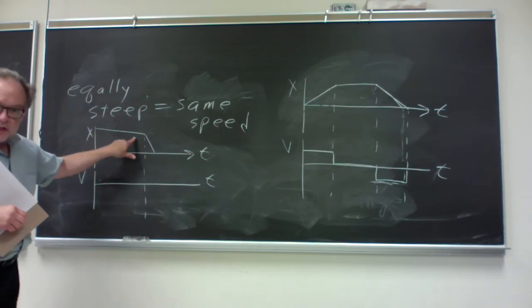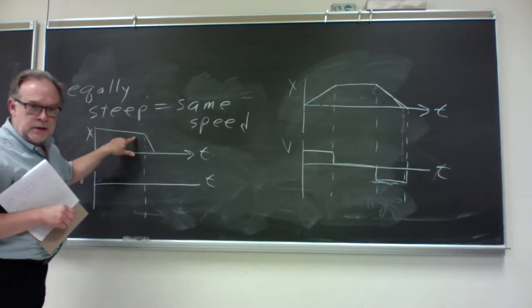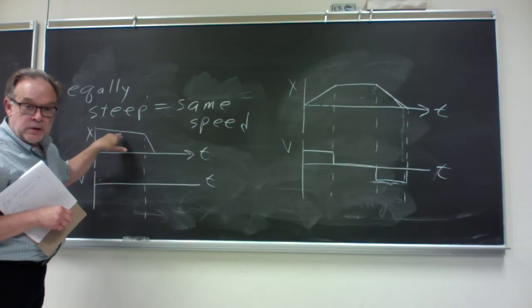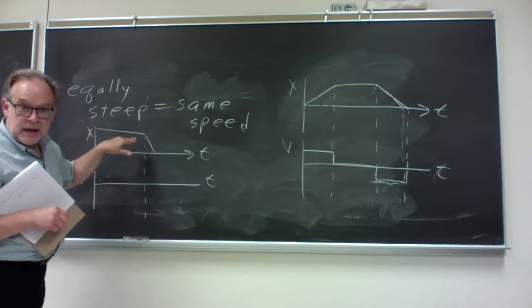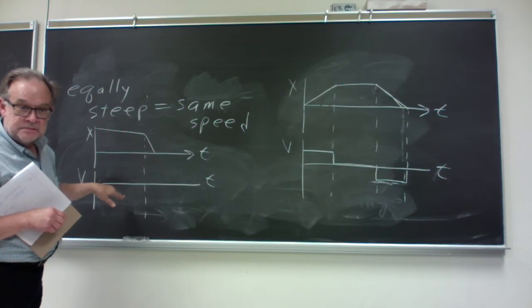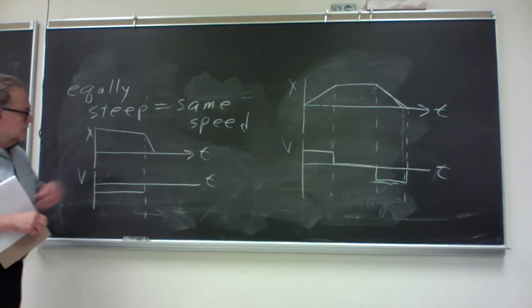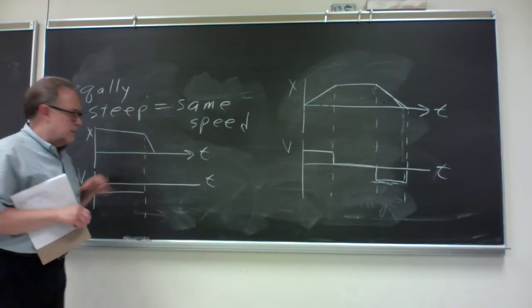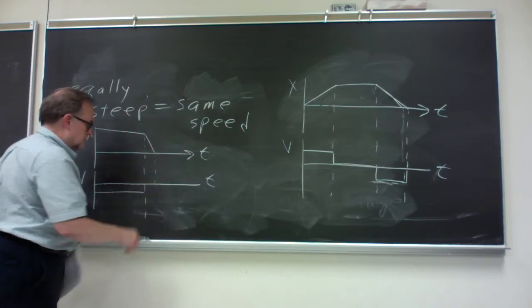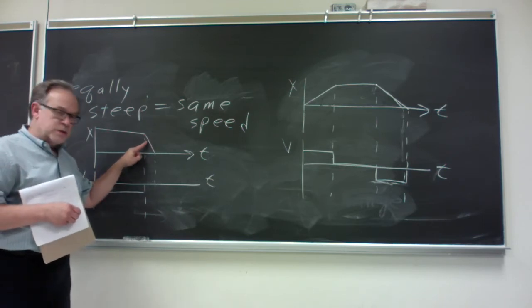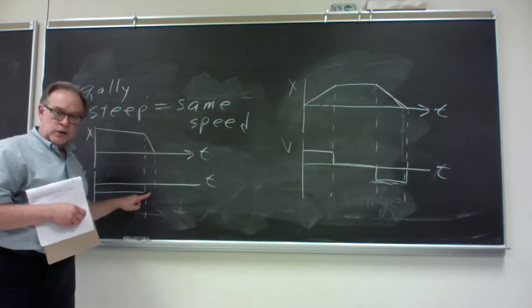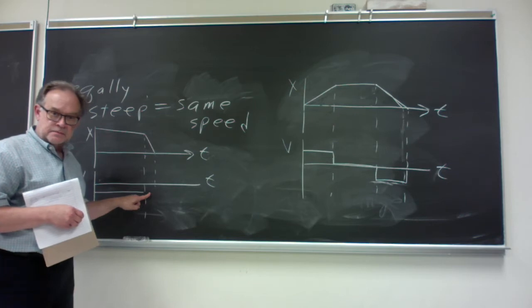So in this first time interval, the slope is negative and constant. So the velocity is negative and constant. Here, during this time interval, the slope is negative and constant, so the velocity is negative and constant.